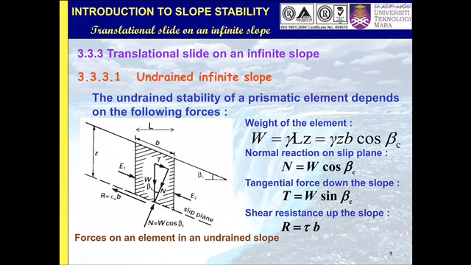And then the force, as you have learned during your secondary school physics, which is perpendicular to the plane, is considered as N, the normal force, okay? Normal stress, and this N is equal to W cos beta C. Beta C is the slope angle of the slope.